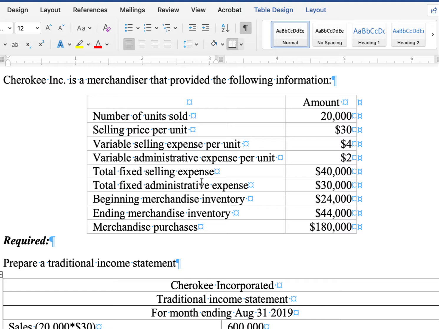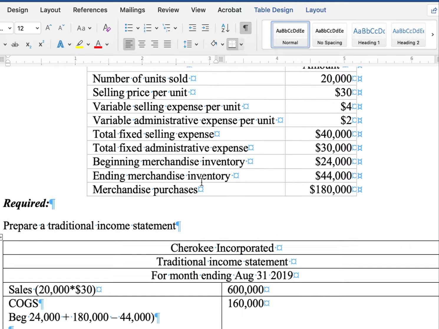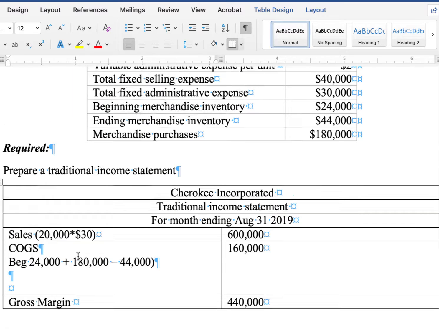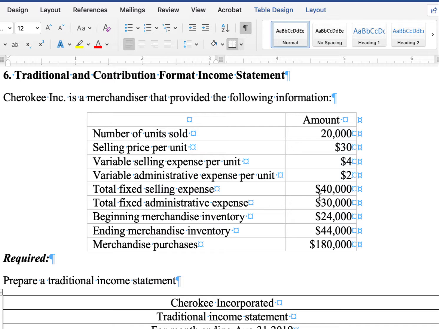In this example, selling expenses as well as administrative expenses are actually mixed costs. They have a portion of fixed and a portion of variable, so we have to include all that when we're calculating our total selling expense. Here's the calculation. The first thing I need to do is recognize that I had a $4 per unit variable selling expense.